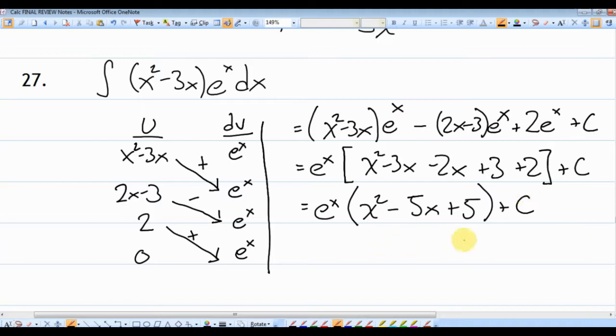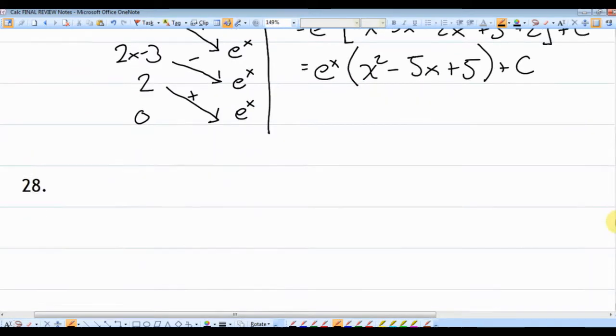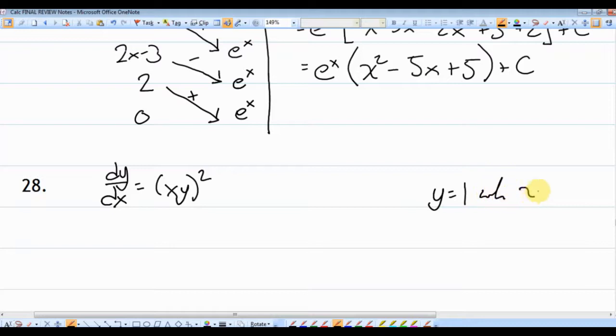All right, that's 27. I said we get to 28, and we are here. 28, separation of variables. dy/dx equals xy squared, with y equals 1 when x equals 1. I think you're going to want to simplify that first.